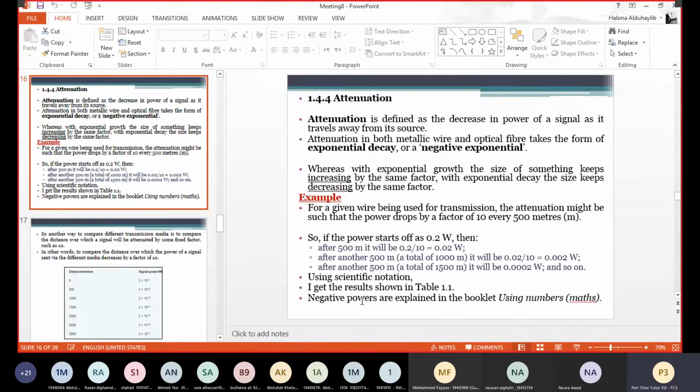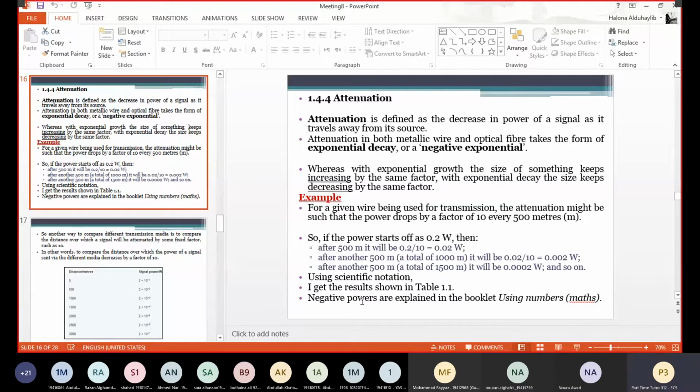So it will be 2 out of 100 watt. After another 500, the old value will be divided also by 10. So it will be 2 out of 1000 watt and so on. So every 500 meters, it will reduce the value by 10.